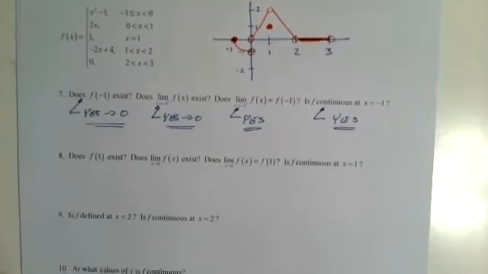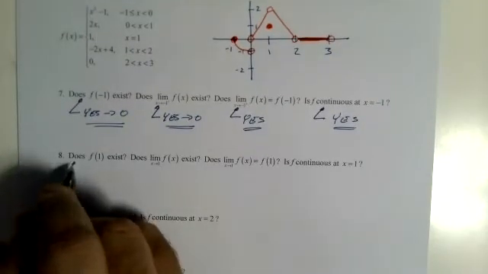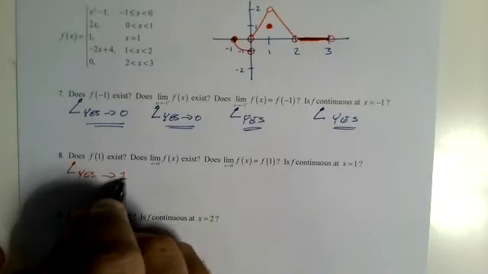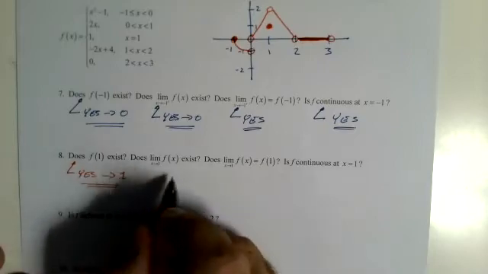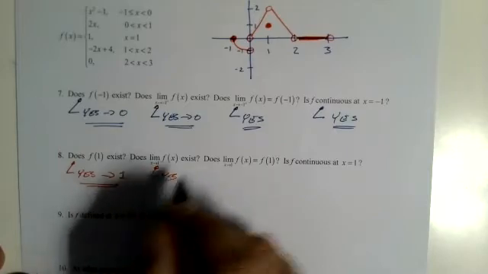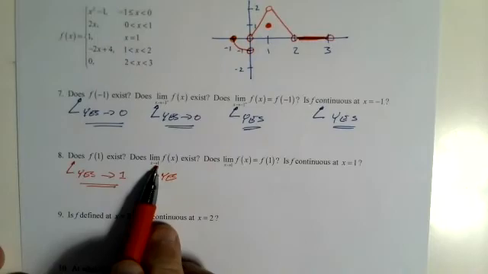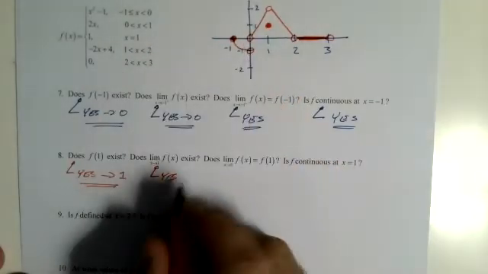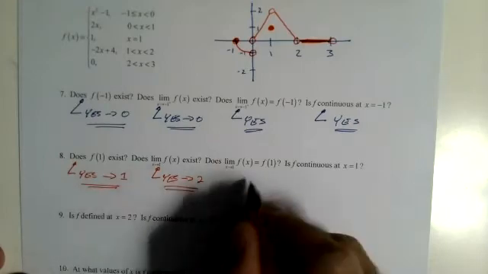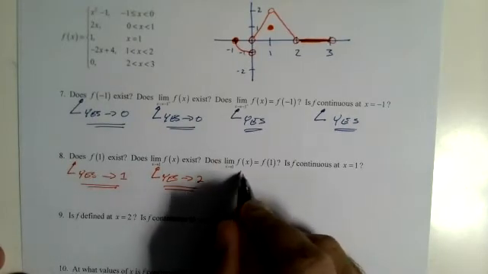Does f of 1 exist? Yes, it's 1. Does limit exist? Yes. From the left and the right. Doesn't say left or right, so we have to do them both. 2. Do they equal each other?